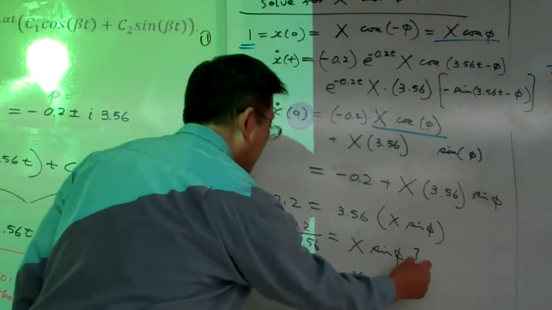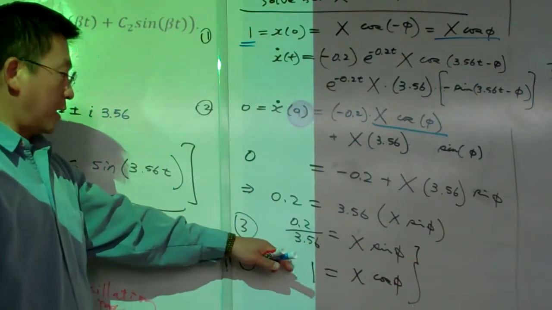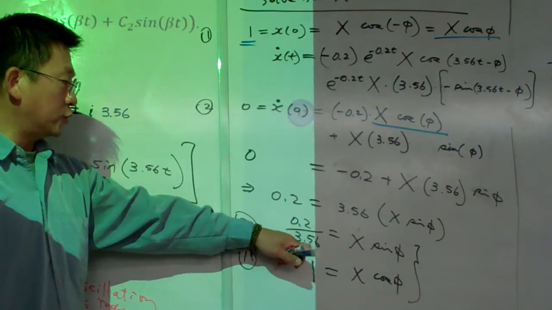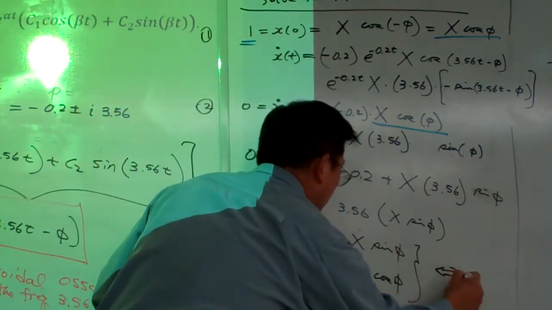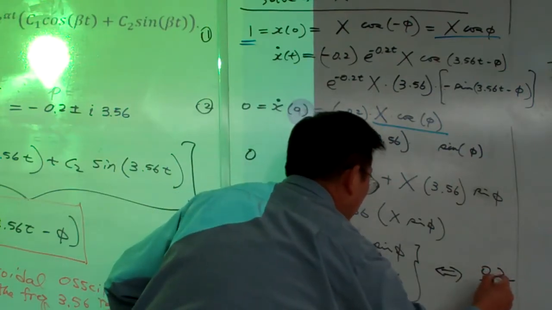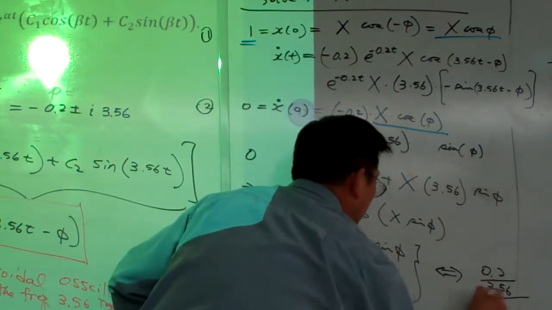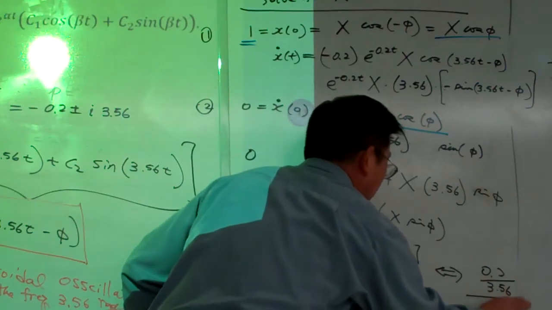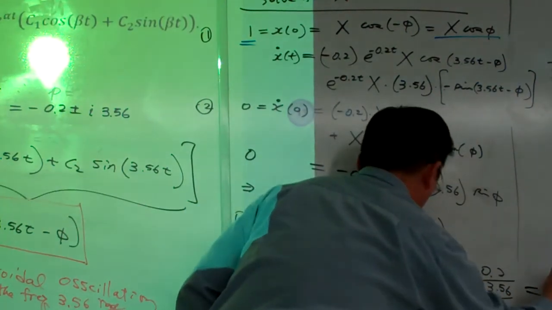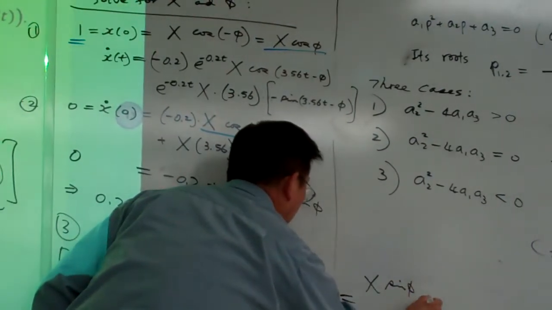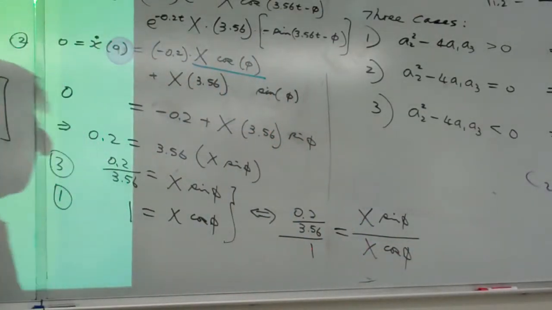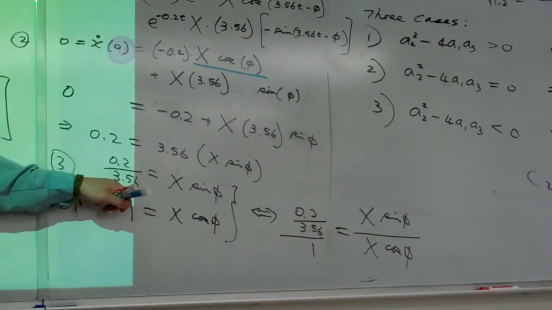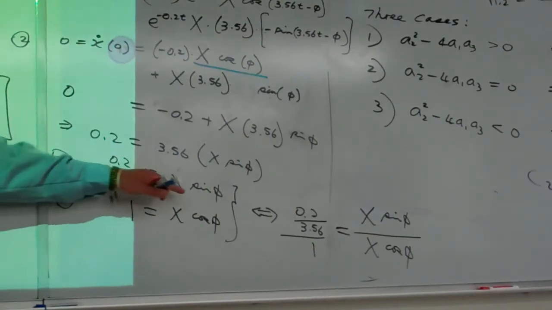Good. With the two equations, if you compare, you take the ratio on both sides. So 0.2 divided by 3.56 divided by 1 will be equal to X sine phi over X cosine phi. Right, I simply divide the two equations on either side.